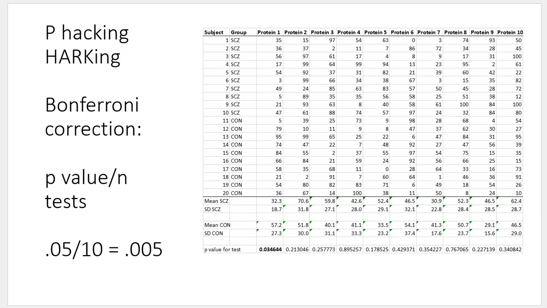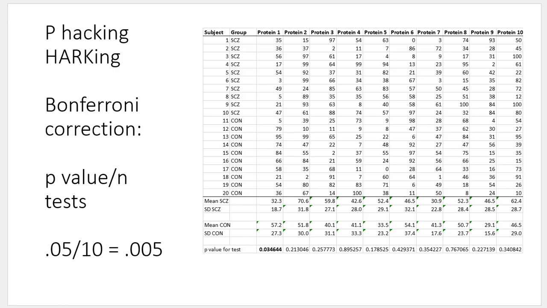And you notice that for proteins 2 through 10, there's no statistically significant difference, but for protein 1, the controls are higher than the schizophrenics, and that's significant at the 0.03 level. So I say, voila, I've discovered a protein that's very important in the pathophysiology of schizophrenia.